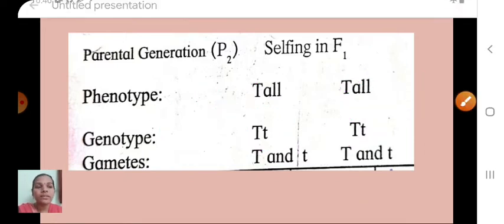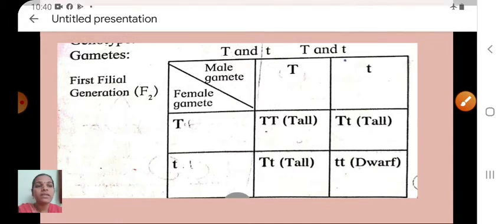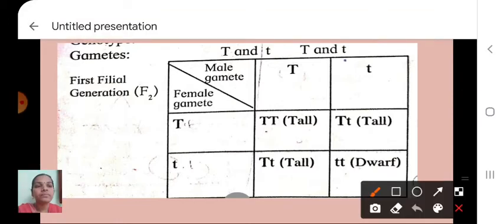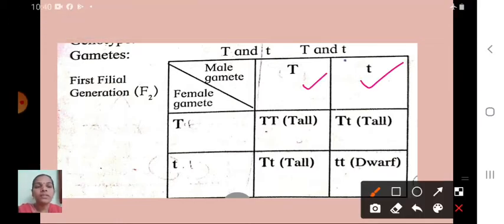Now see here, next one is, yes, these 2 are the gametes of one parent, and this is the gametes of another parent. So during fertilization, what will happen? Fusion of gametes. So this one, as I told, 2 capital letter T, and what is the phenotype?